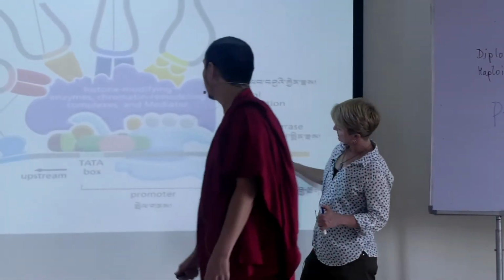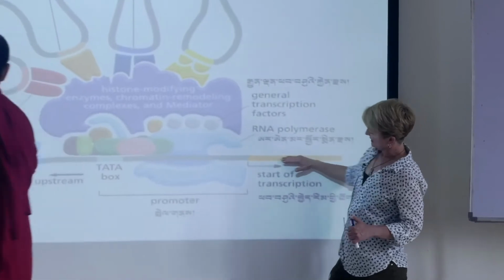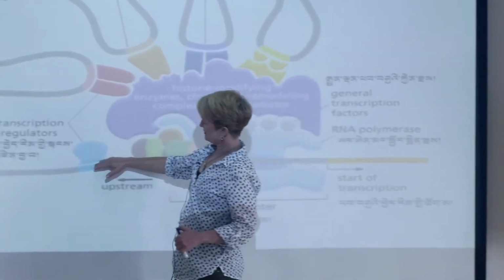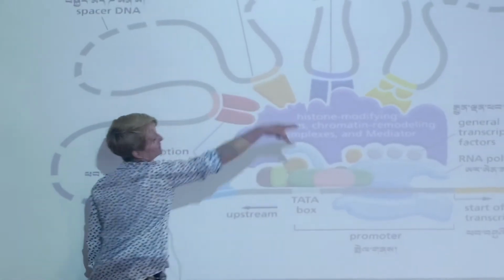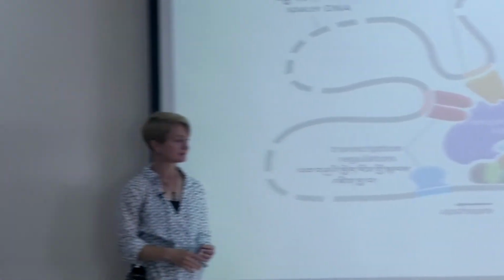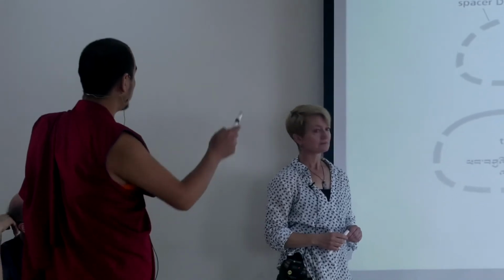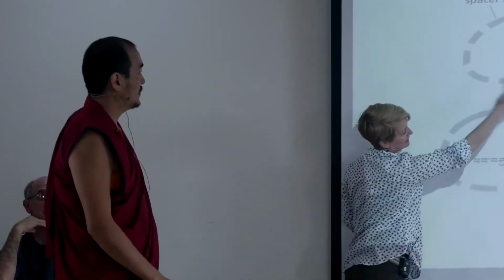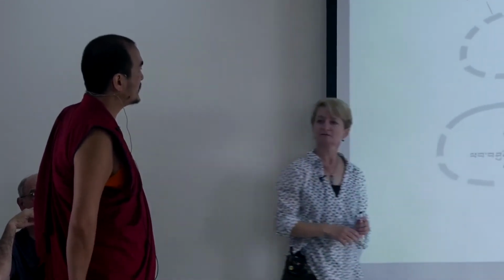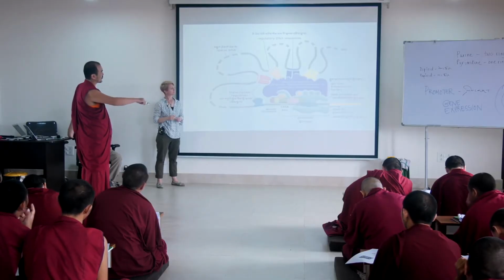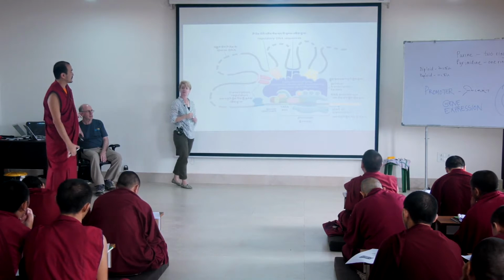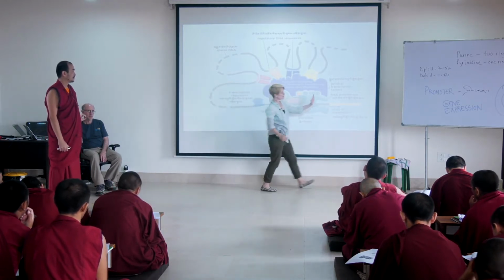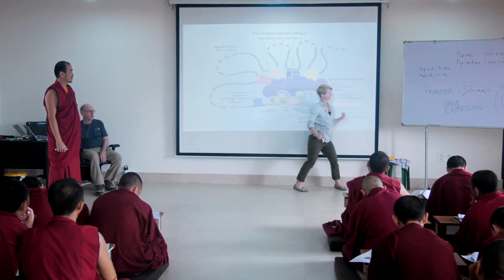So in this diagram, the DNA is indicated by this ribbon of material here that's wrapping all around. So this is the DNA, right? This is the DNA, all this gray and colored. And the actual gene is down here.